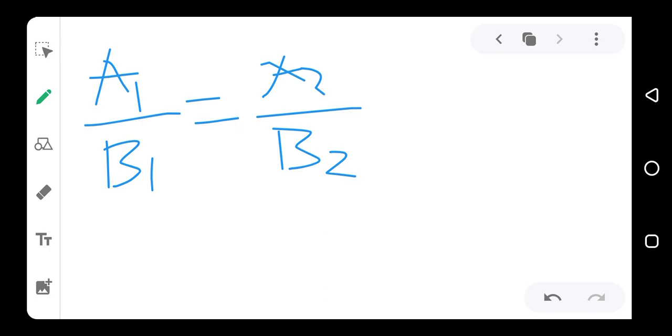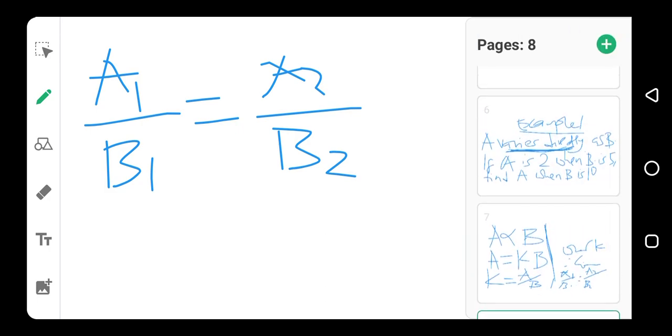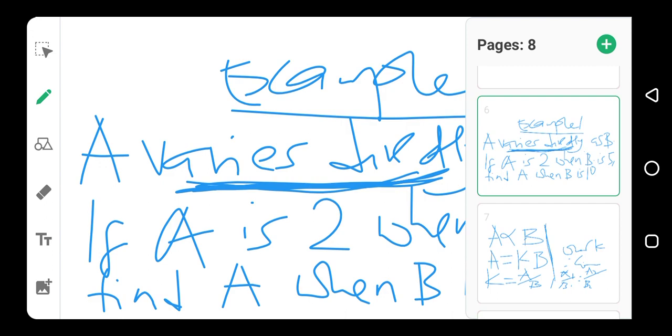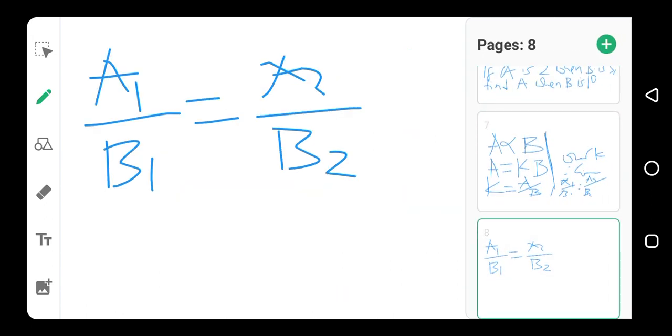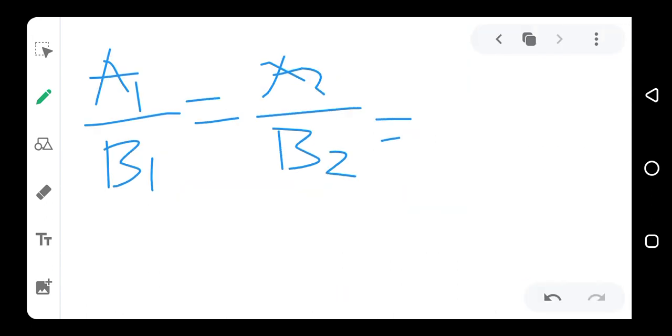Now, A1 is 2 and B1 is 5. Now, that means 2 over 5. We are looking for A2 and we know B2 as 10.